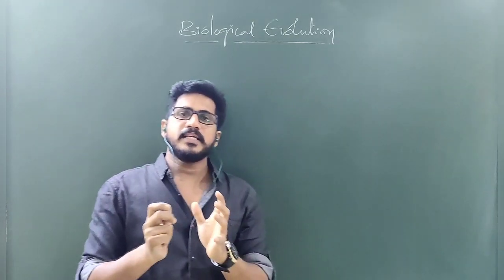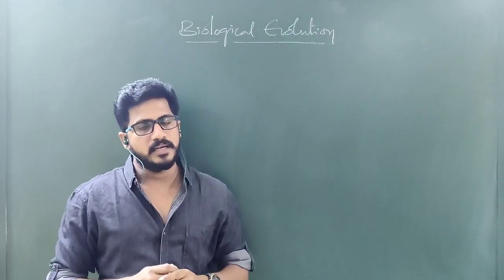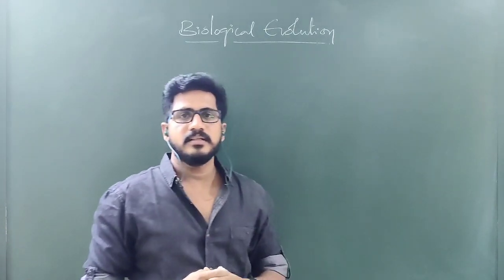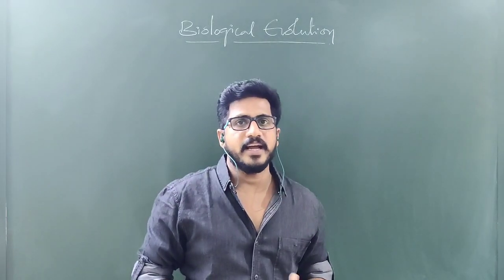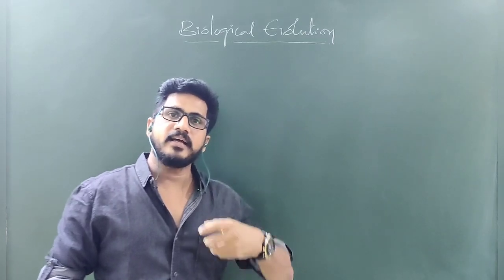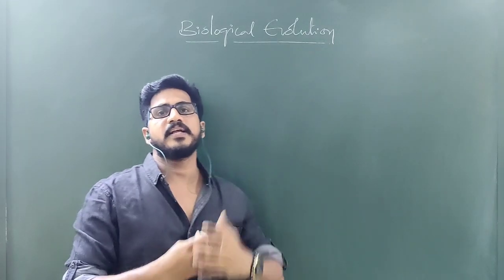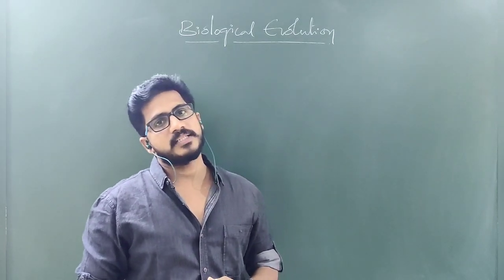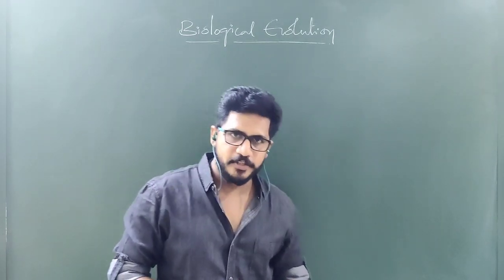Whenever an organism is living in a particular place or habitat, if you suddenly change the organism into a different habitat, many of them will die and few will survive, and later the survivors multiply themselves by adaptations, then new species are formed. That is called biological evolution.